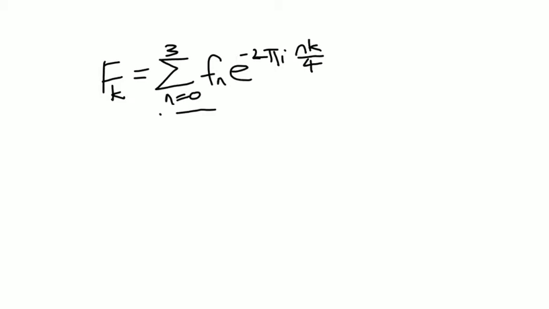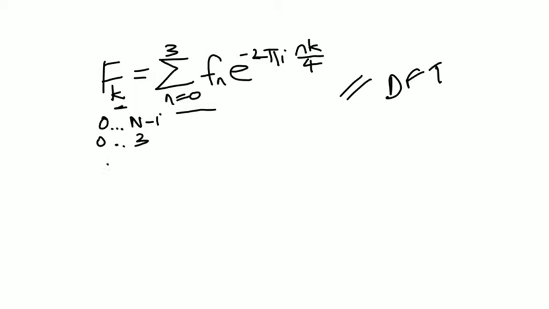Now, what is the simplest way of evaluating this discrete Fourier transform? Can you think of something here? One thing that immediately comes to my mind, at least, is to just explicitly evaluate all the terms involved in this summation. Knowing that k goes from 0 until N minus 1, which is 3, I'm just going to write all the different expressions for f0, f1, all the way until f3.